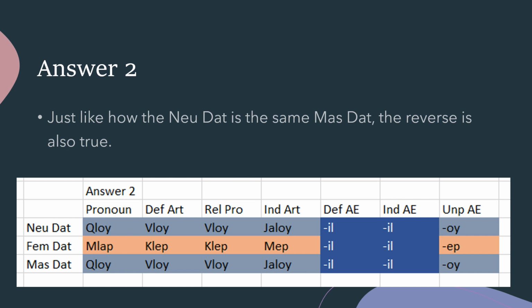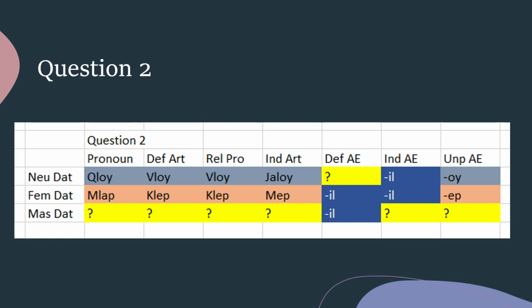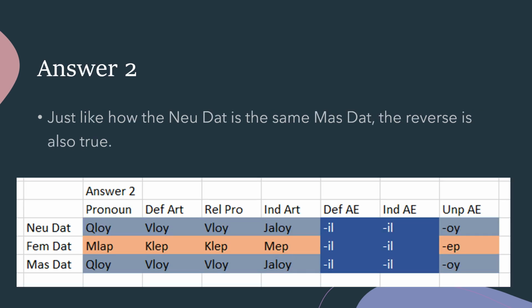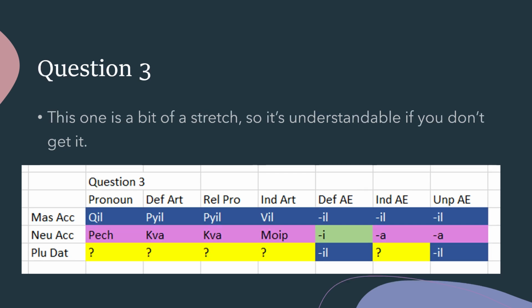Since you had the information of the neuter dative for everything except the definite adjective ending, you knew that this was chloi, this was vloi, this was vloi, because it's the same. And for the definite adjective ending, what is it? It's il, because it's the same as the masculine dative. So there you go.